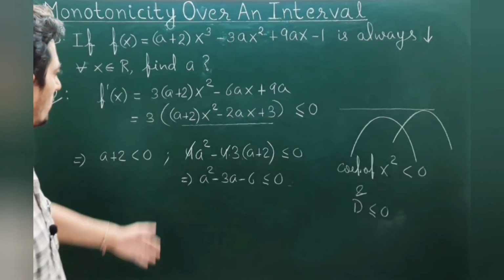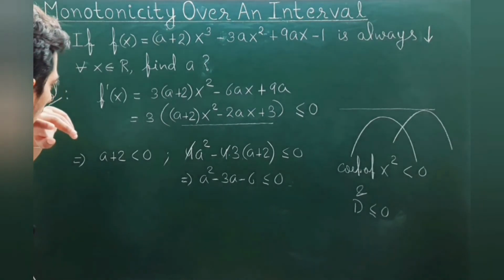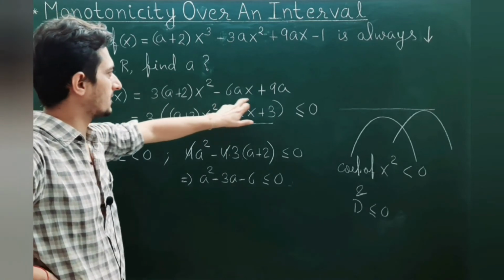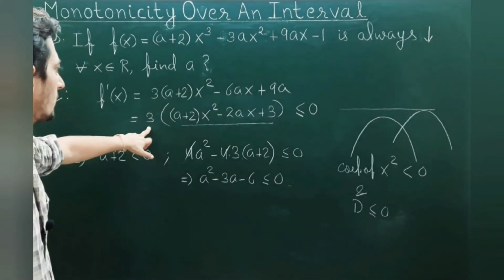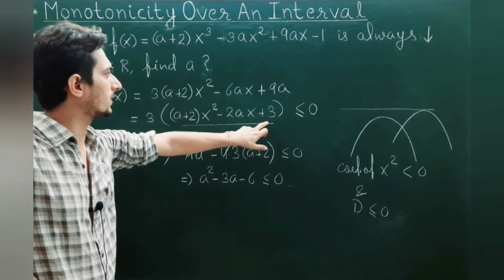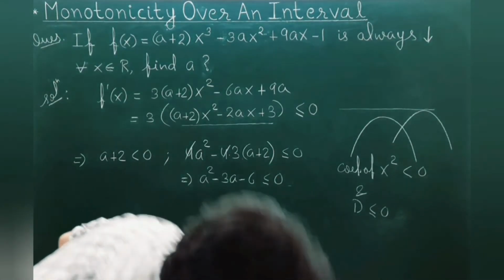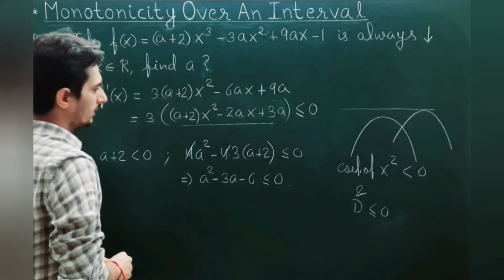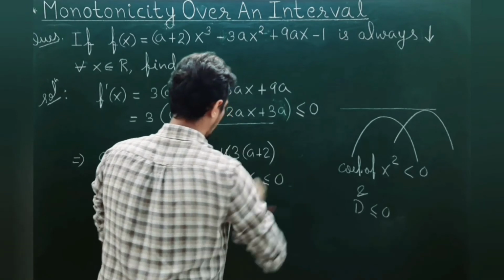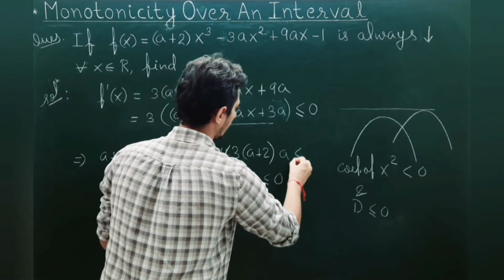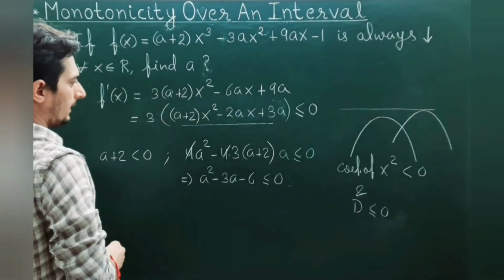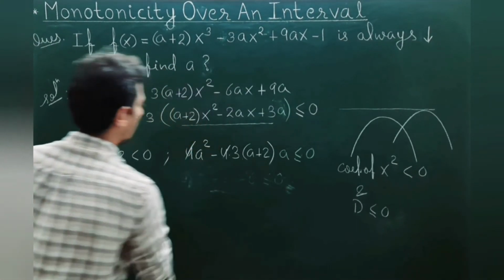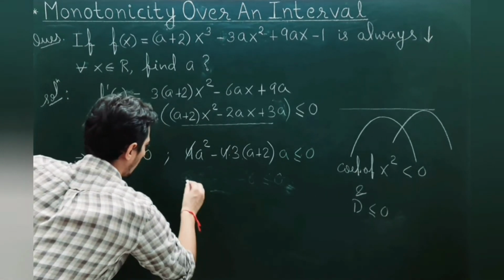So let me cross check if I can find a mistake. Here was the derivative 3(a plus 2)x square minus 6ax plus 9a, and by taking 3 common, (a plus 2)x square minus 2ax plus 3. Oh, sorry. Okay, so what I missed here is 3a. It is a also here. So there will be another a, less than or equal to 0, and by cancelling out the 4, I can take 3a common, right?